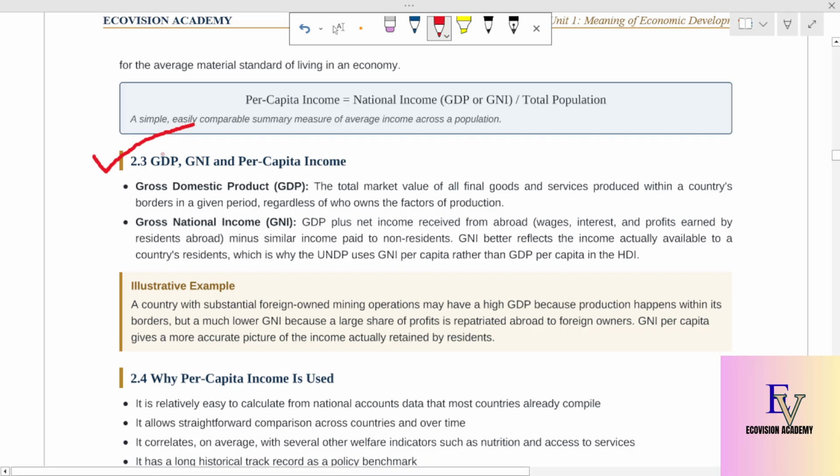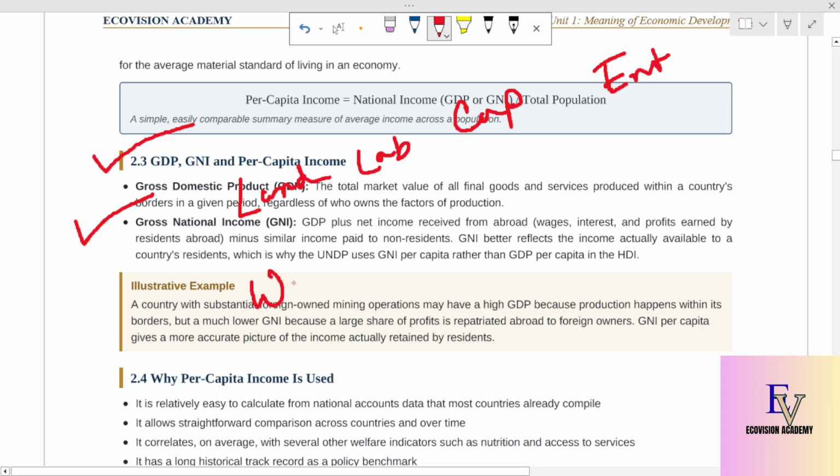And finally, gross national income, GNI. Gross national income basically means the total. We have studied the income method. Income method means if we add up the income from the four factors of production in an economy: land, labor, capital, and entrepreneur or organization.